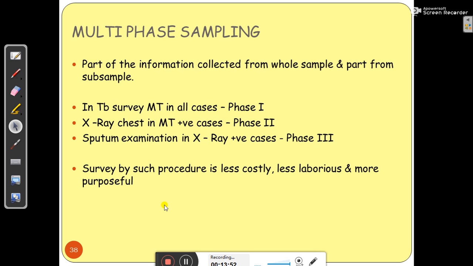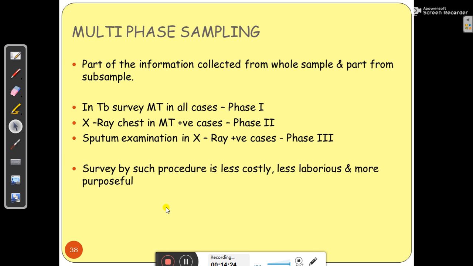Then there is multi-phase sampling, in which part of the information is collected from the whole sample and part from the subsample. Suppose in a TB survey, Mantoux test in all cases is phase 1, X-ray in Mantoux positive cases is phase 2, sputum examination in X-ray positive cases is phase 3.